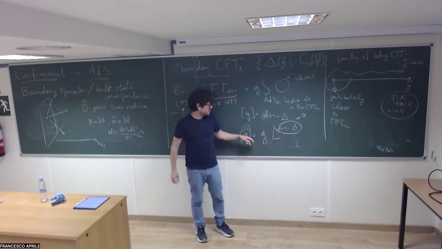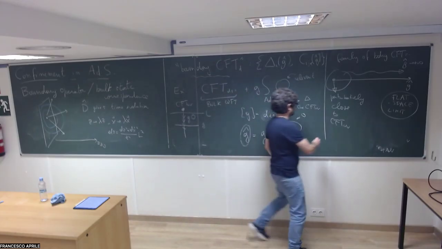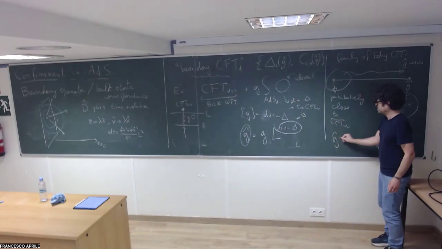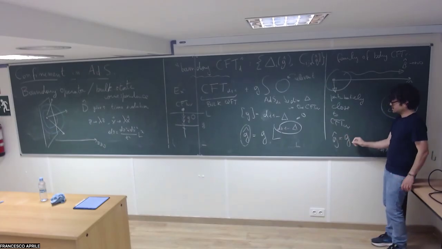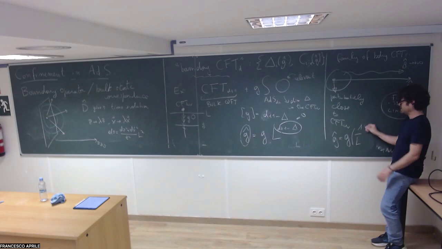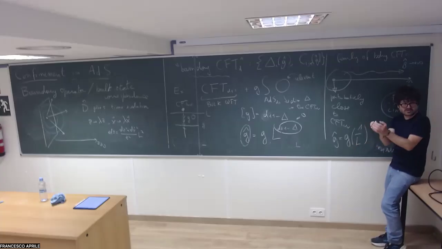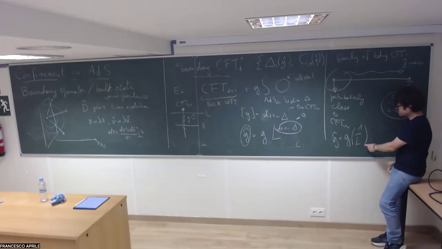Yes. So the way you replace that formula in that context is that you will say that your G hat, you can think about it as your classically marginal coupling renormalized at the scale 1 over L. If you want, you can think about it like this. You stop the running of your marginally relevant coupling at this scale.